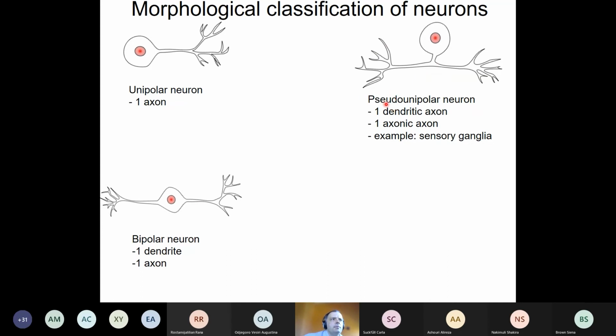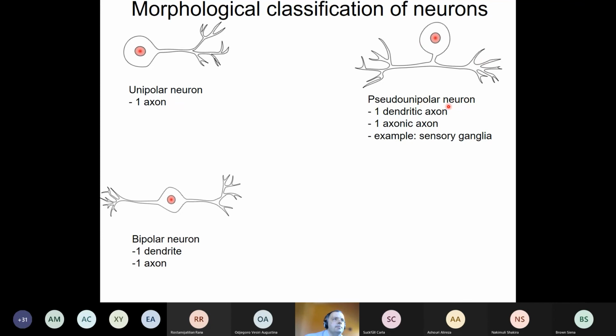And finally, people designed this name pseudo-unipolar, which means fake unipolar neuron. Why? Because it has one process, so it would be unipolar, but it goes into two directions. So finally, it is somewhere between the bipolar and the unipolar. But since the two processes are axons, it was difficult to classify.